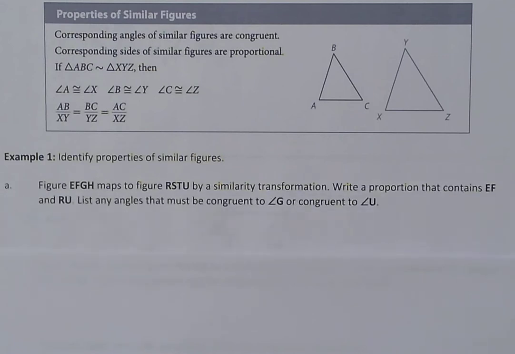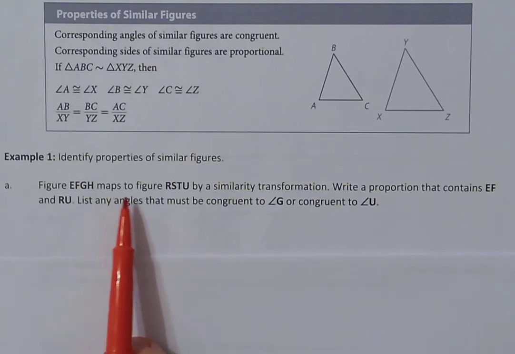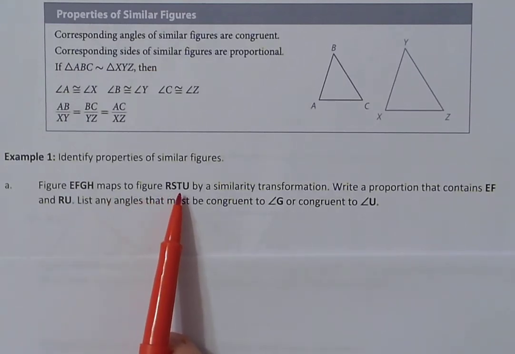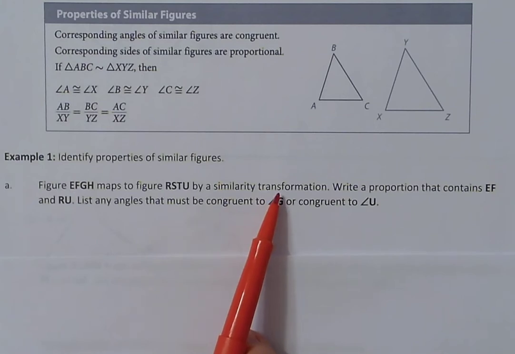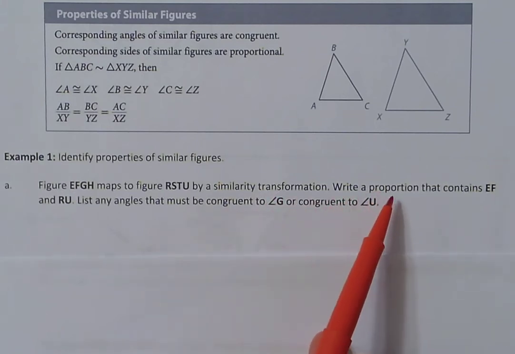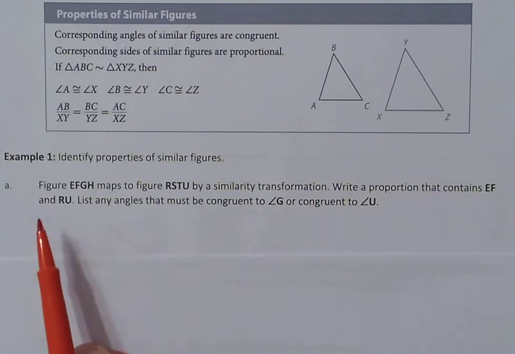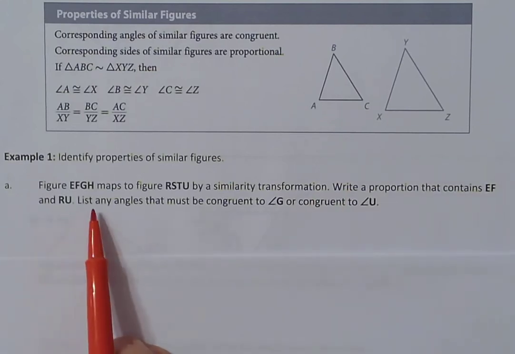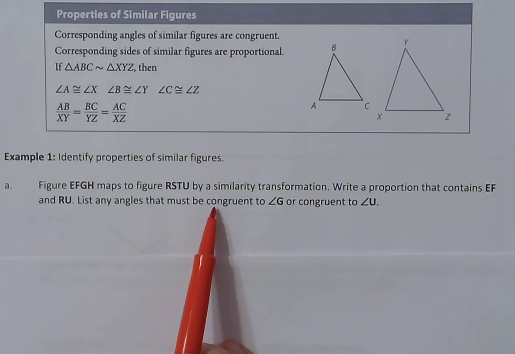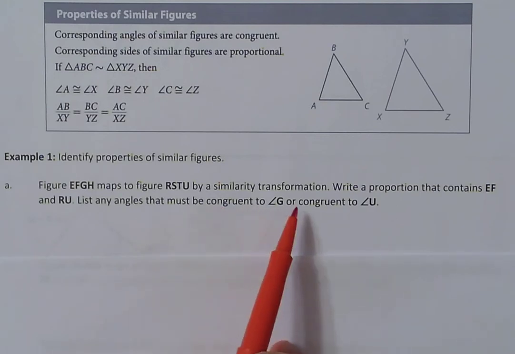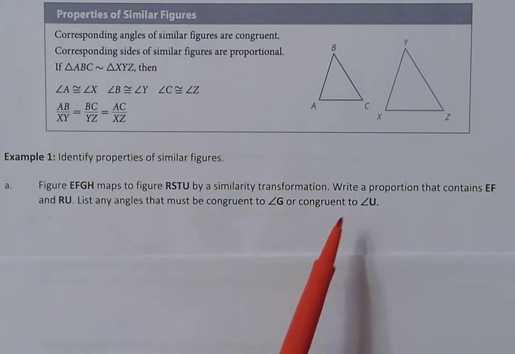For example 1, part A, it says figure EFGH maps to figure RSTU by a similarity transformation. Write a proportion that contains EF and RU. List any angles that must be congruent to angle G or congruent to angle U.